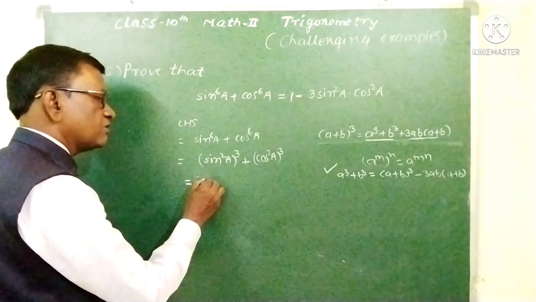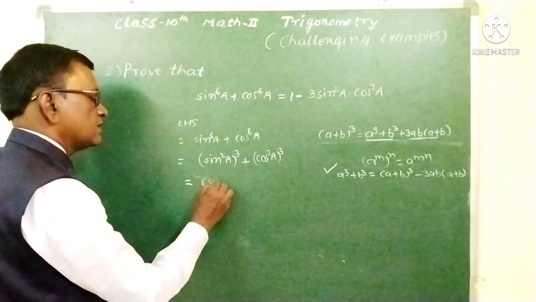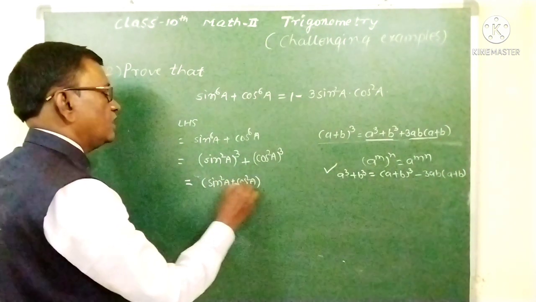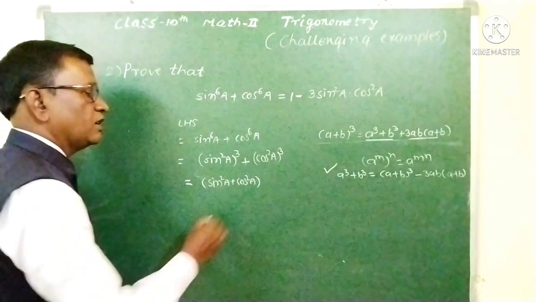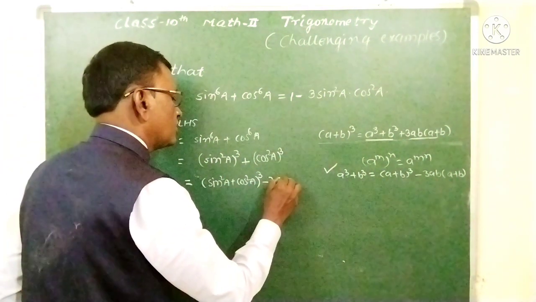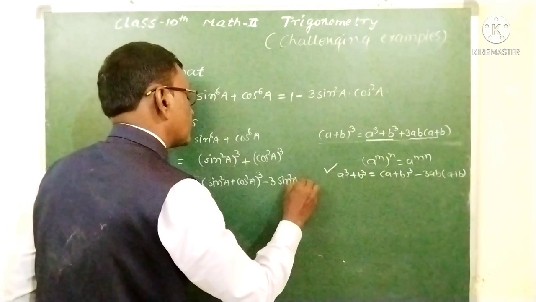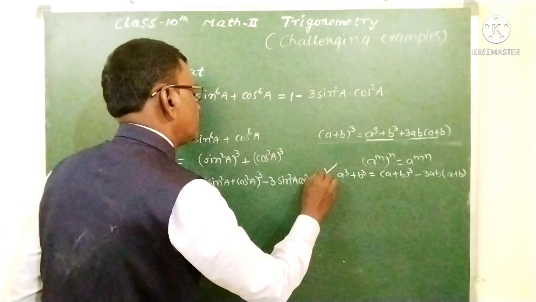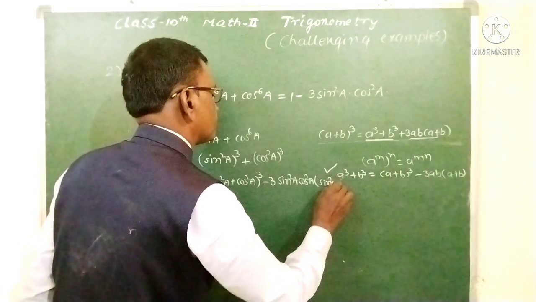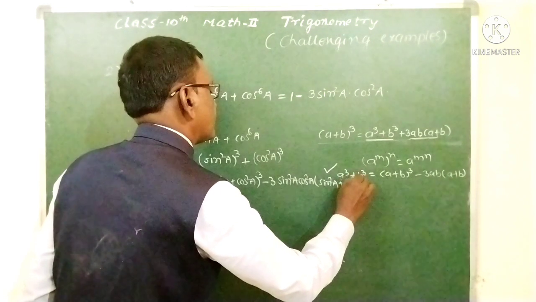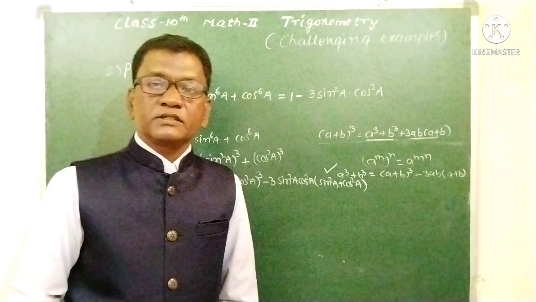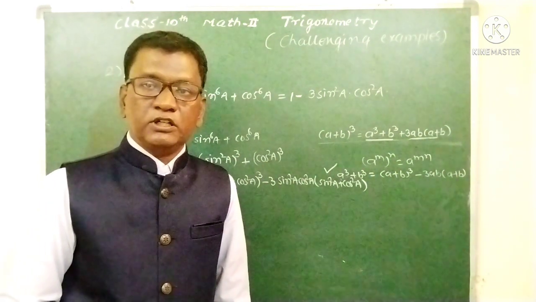Here a means sin square a, so we write it as sin square a plus cos square a whole cube minus 3, where a means sin square a and b means cos square a, in bracket sin square a plus cos square a. We know very well the identity sin square theta plus cos square theta is equal to 1.